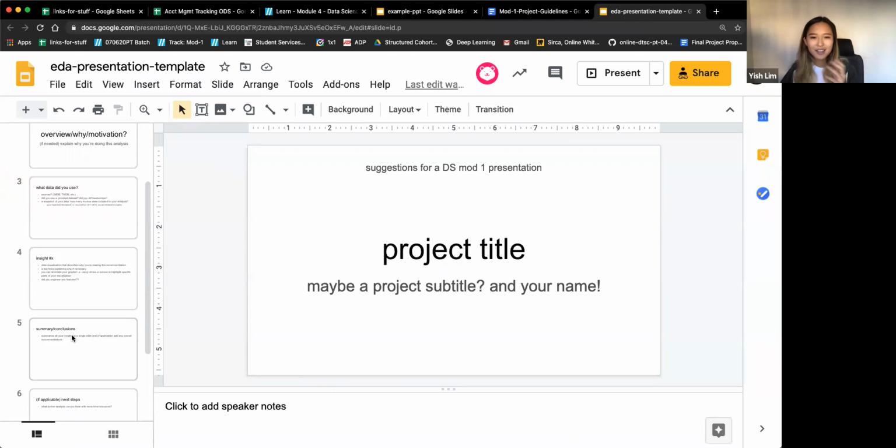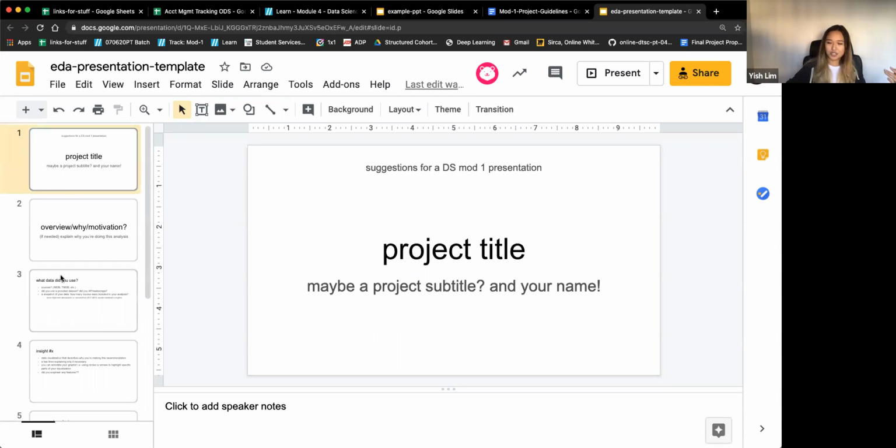So I think on the rubric it says about 8 slides, but I would say 8 to 10 slides. But it also depends on your presentation style. Some people like to have very little per slide, so you end up having more slides. That's fine. But with this, I'm just gonna walk through generally what kind of information we should be seeing.